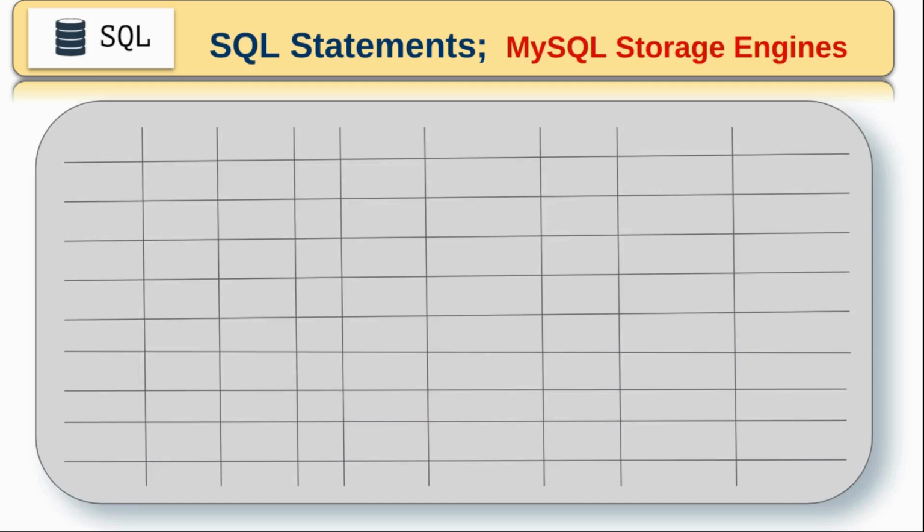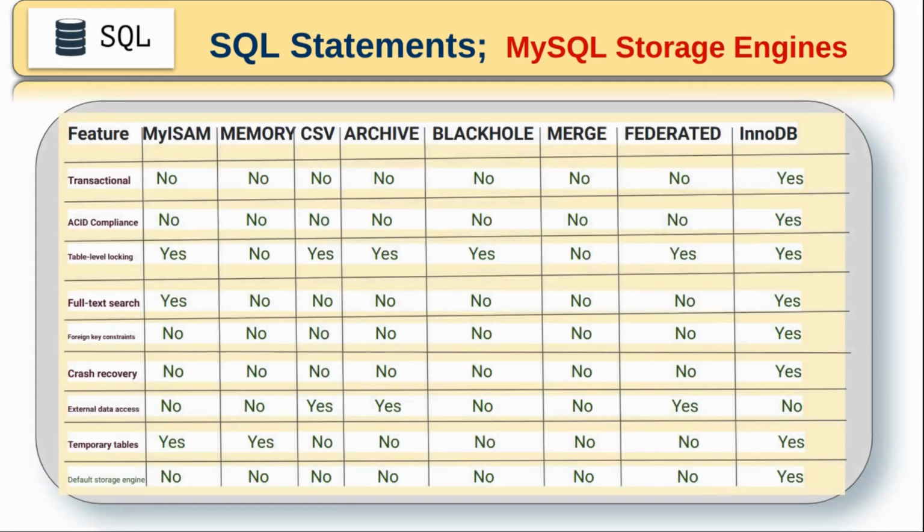Now here we can check the features of all the available storage engines. This feature column lists the features, and the corresponding storage engines are in the rows, like MyISAM, memory, CSV, archive, blackhole, merge, federated, InnoDB, right?